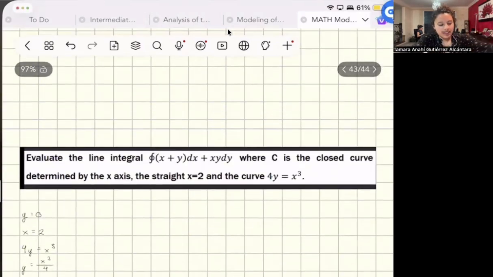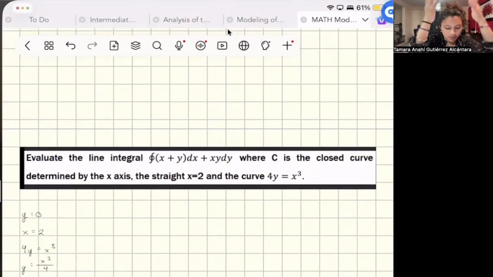So the x-axis and the curve meet at 0, 0. The vertical line x equals 2 and the x-axis meet at 2, 0, and the vertical line and the curve meet at 2, 2.